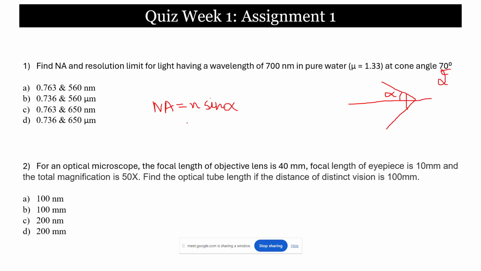So n sine alpha will basically be 1.33 into sine 35.